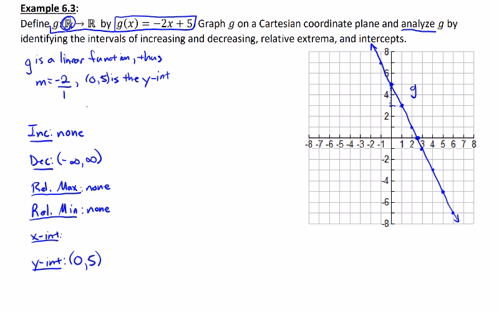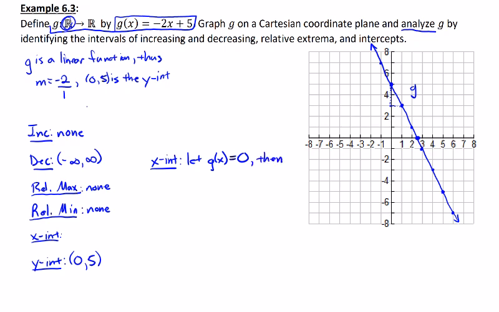So I want to show you how to algebraically calculate the x-intercept, just in case you're not 100% sure graphically where it is. So for your x-intercept calculation, you need to let your function be equal to 0. So you're going to let your function notation, g of x, be equal to 0.